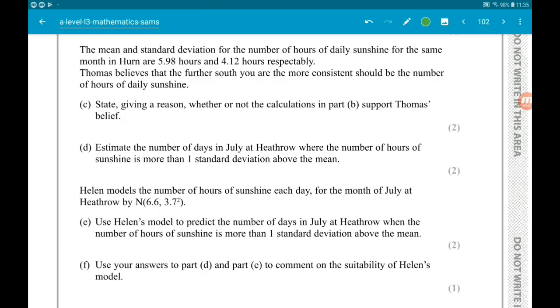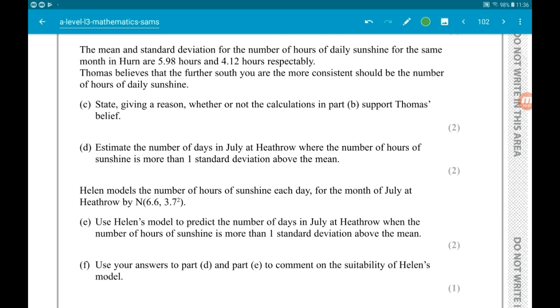Okay, then next up, the mean and standard deviation for the number of hours of daily sunshine for the same month in Perpignan are 5.98 hours and 4.12 hours, respectively. Thomas believes that the further south you are, the more consistent should be the number of hours of daily sunshine.